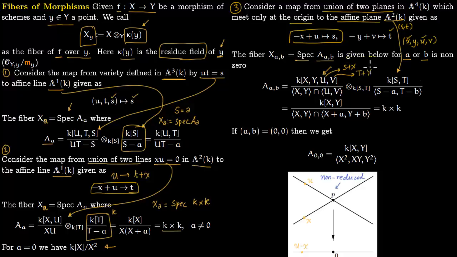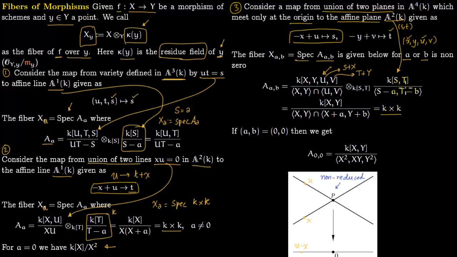So once you make these changes, but this s and t you have to evaluate at this a and b. So now this u, which had become s plus x here, now instead of s you're putting in a, so this becomes x plus a. Here y remains y. For t you're evaluating it at b, so this becomes b. So here v would have become t plus y, it becomes y plus b. So you have this intersection, this becomes k times k.